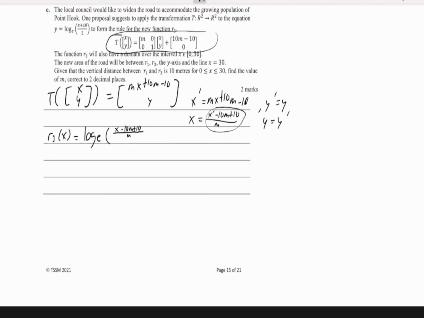Just plug that in here into the function, and then just do this. And if you simplify this, you get log e x dash plus 10 divided by 2m, which equals, oh yeah, that's fine.